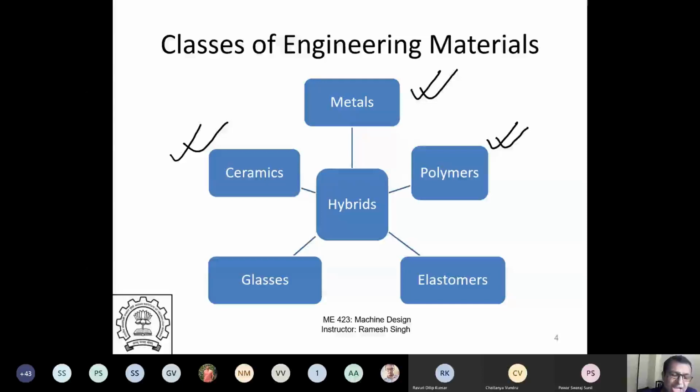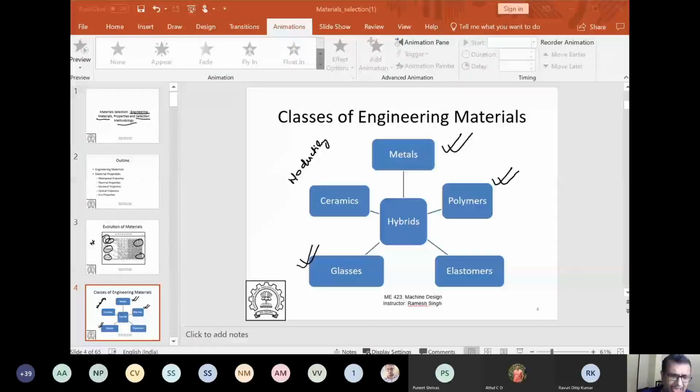Ceramics have very high strength and high temperature resistance. So ceramics have applications where high temperature and high strength are required, but the problem is they have no ductility.